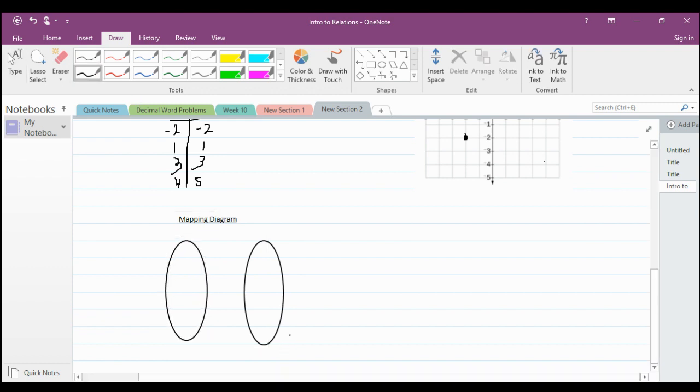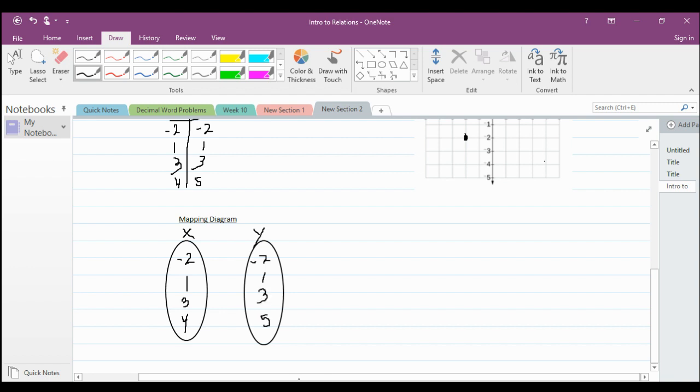So we're going to have our x values matching up with our y values. So we list the numbers in the mapping diagram in order from least to greatest. So I have -2, 1, 3, and 4 as x values. And my y values are -2, 1, 3, and 5.